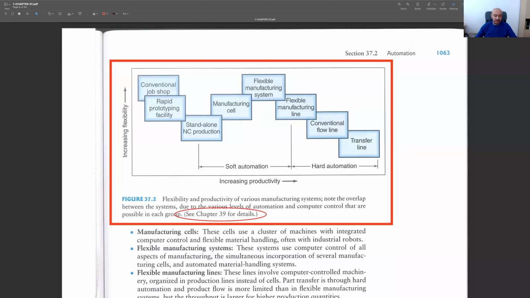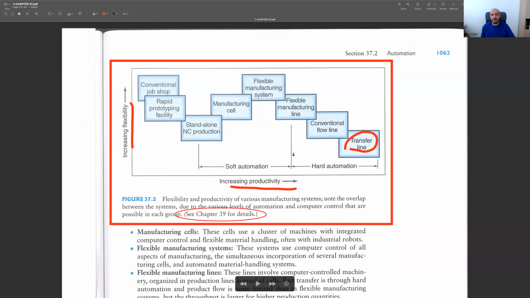Let me discuss this figure. You see in this figure, on the x-axis, we have increasing productivity, and on the y, we have increasing flexibility. Let's have a look at the transfer line, the last type of manufacturing system we discussed a moment ago. The transfer lines, as you see, have the highest productivity, but the least flexibility.